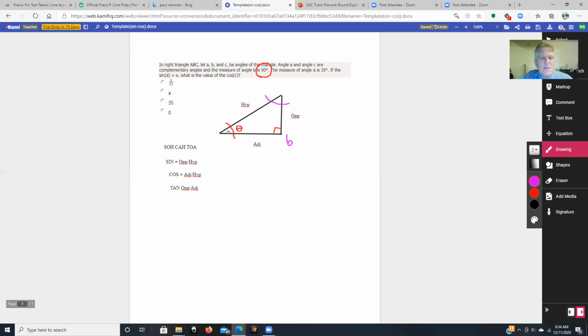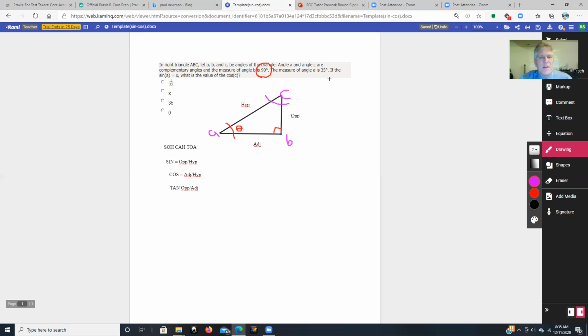Then they're saying that these two are complementary, which makes sense. Complementary means that they add up to 90. And if we have this one being 90, the other two have to add up to 90. So we're just going to make this A and this C.